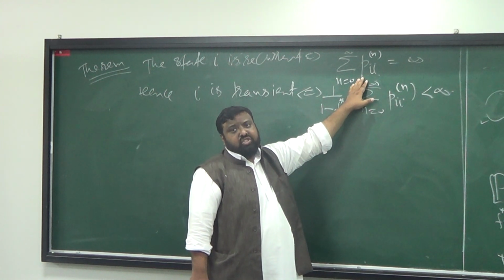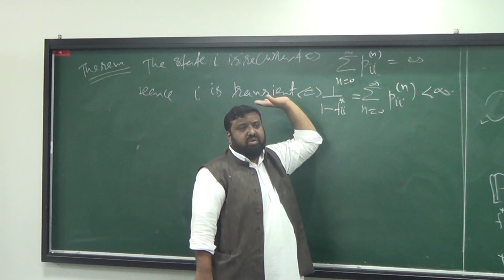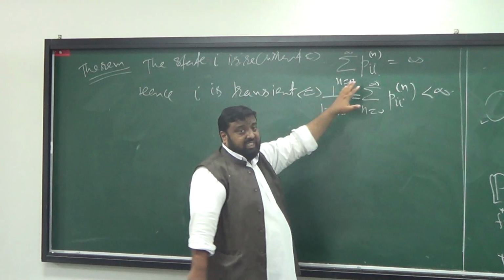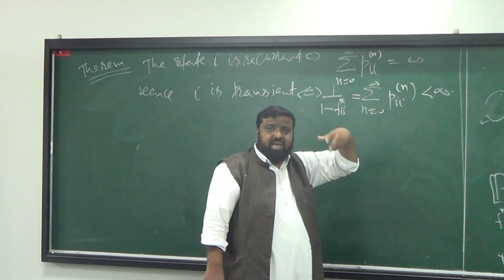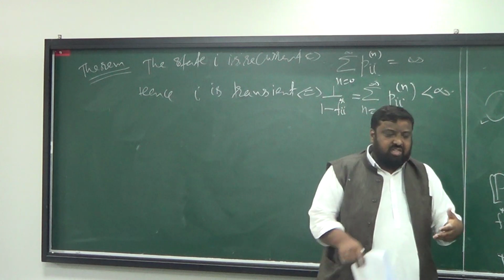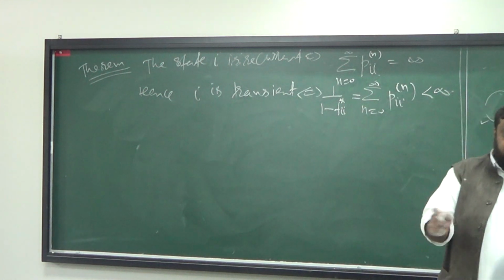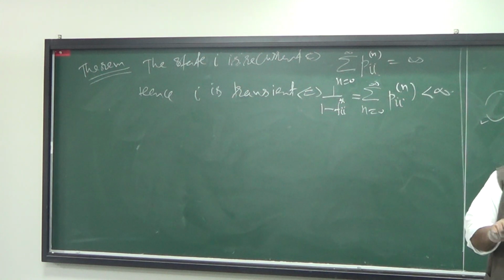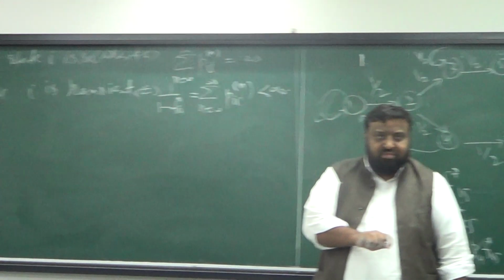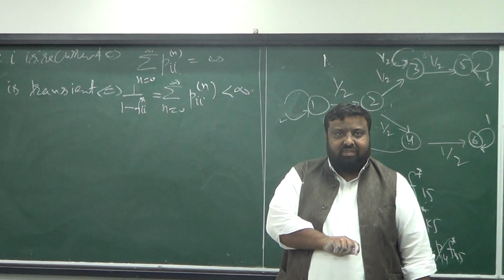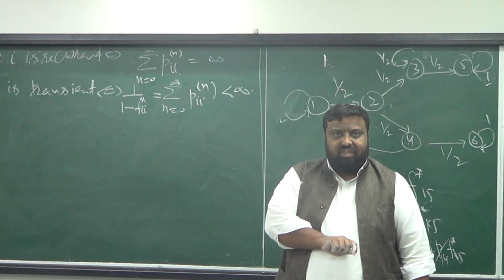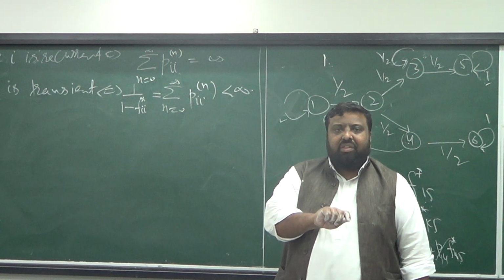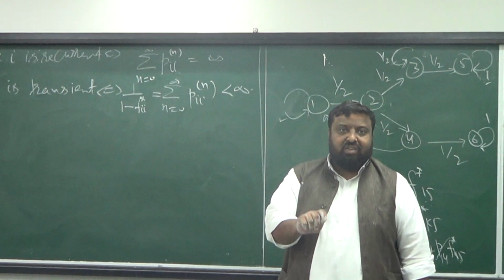So if it diverges, it explodes, and you are talking about a recurrent state. And it makes sense actually. Think about it. What do you mean by these probabilities diverging? Can you give me a necessary condition, not sufficient, for the convergence of a series?